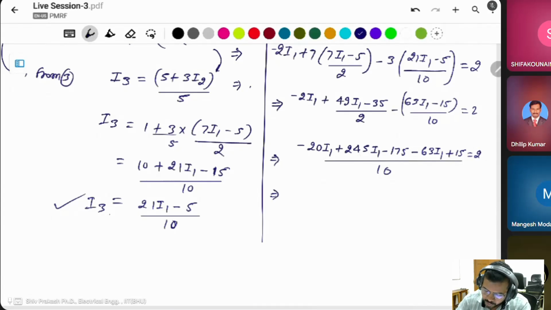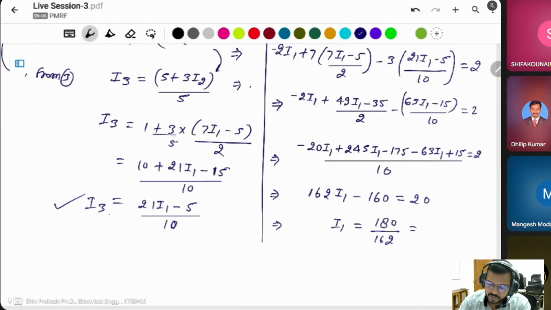This will be 245 minus 63 minus 20, 162 I1, minus 175 plus 15, 160, is equal to 20. I1 is equal to 180 divided by 162. This is 1.11 ampere.